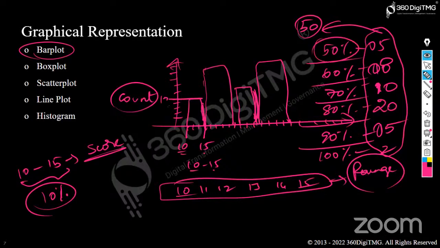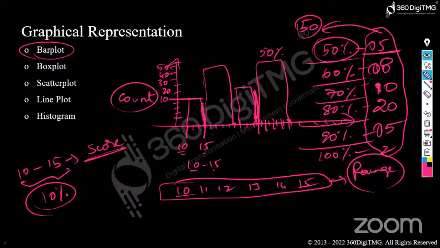Those who are scoring 10, 20, 30, 40, 50%, those who are scoring 50%, they are getting 5 people. That means here you'll be having 5 people, so they are scoring 50%.